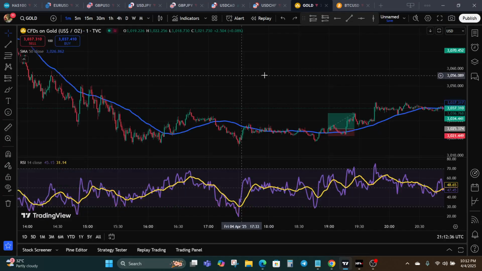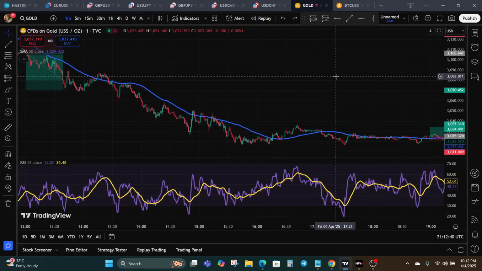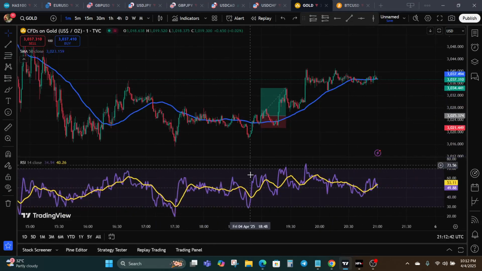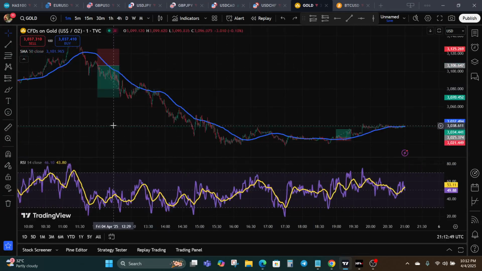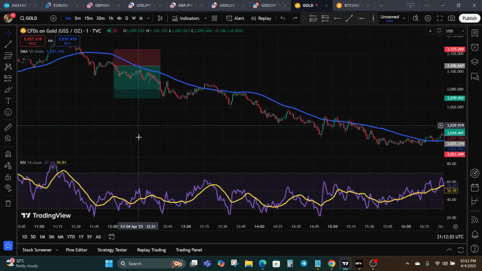That is for setting your take profit. Or you can decide to wait for the RSI. For example, if you're in a buy trade, you can wait for the RSI to get to the overbought territory to exit your buy. For a sell, you can wait for the RSI to enter the oversold territory to exit your sell.